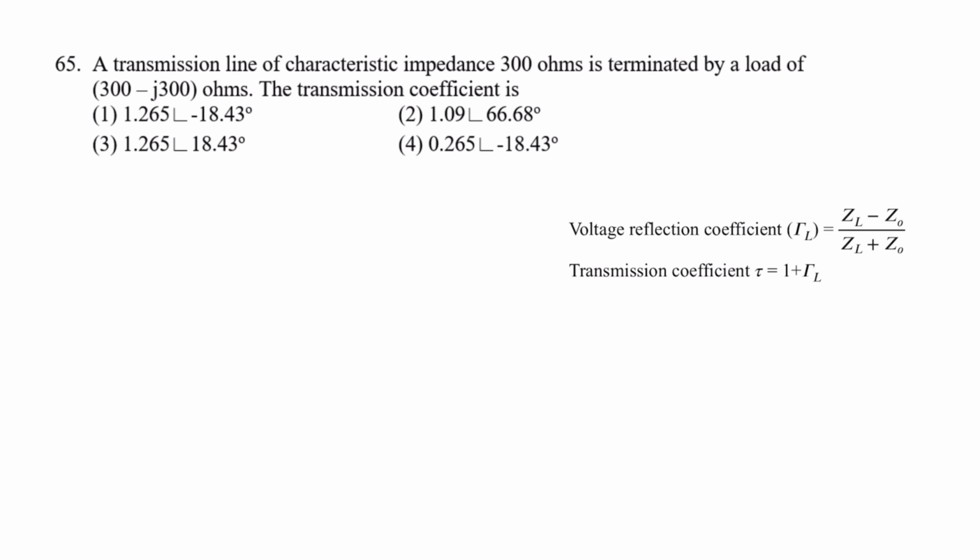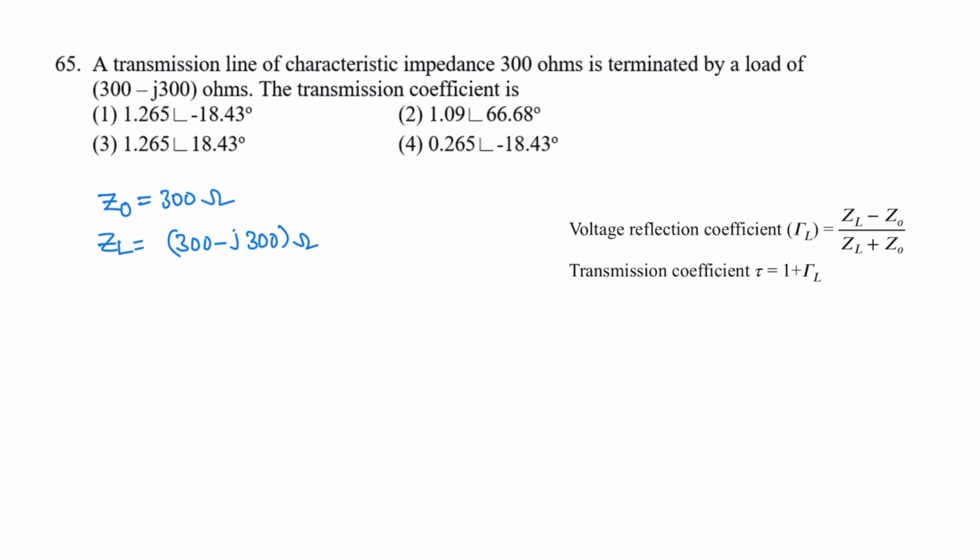A transmission line of characteristic impedance 300 ohm is terminated by a load of 300 minus j300 ohms. The transmission coefficient is, we know that the given characteristic impedance Z0 is 300 ohms and load impedance ZL is 300 minus j300 ohms.